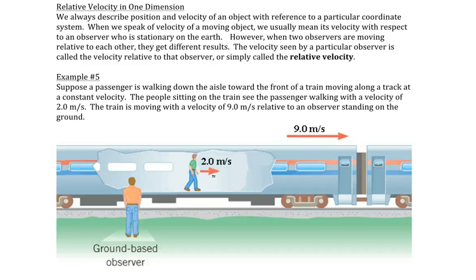When we say, for example, what is the velocity of this passenger walking down the aisle on the train? It may not be a single answer because it really depends on whose perspective, whether it's from the ground or from someone sitting on the train watching you move. So really, the motion is relative to the observer.